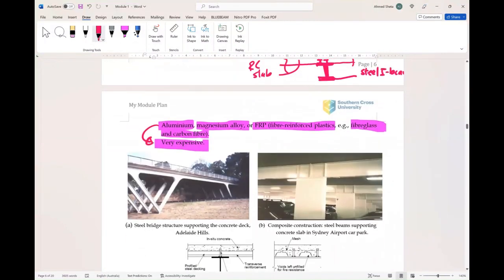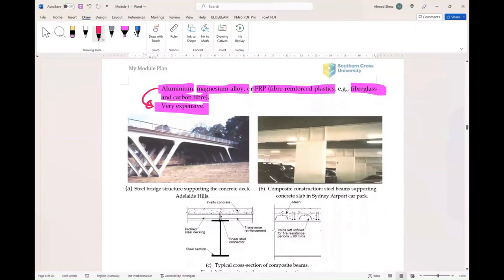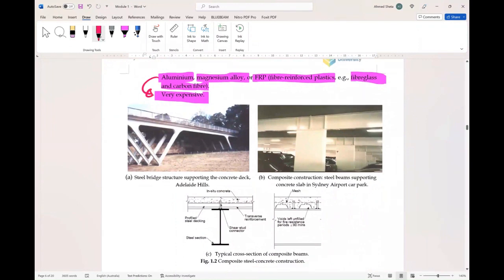These are some examples of composite materials or composite constructions. The first example is a steel bridge supporting the concrete deck. So this part is steel, and this part is the deck made of concrete. Here as well, the slab is concrete and the beams are steel.